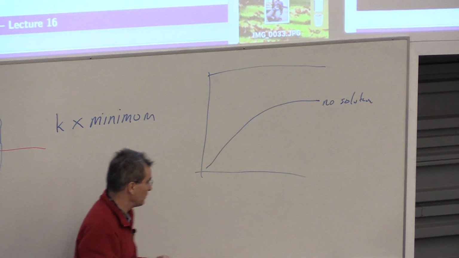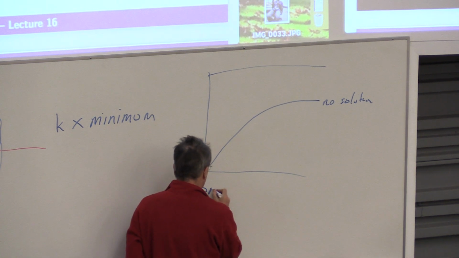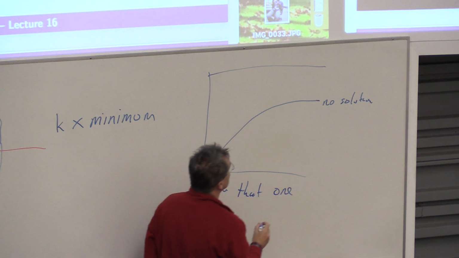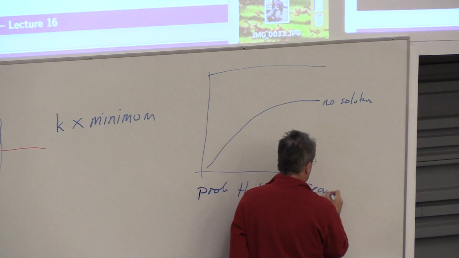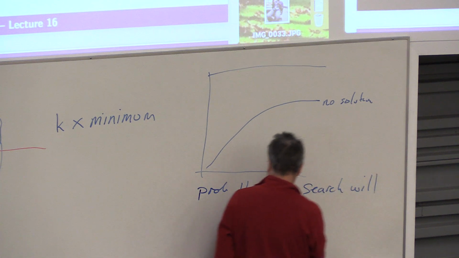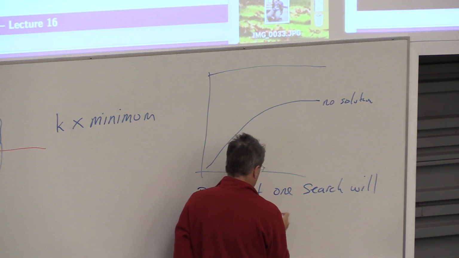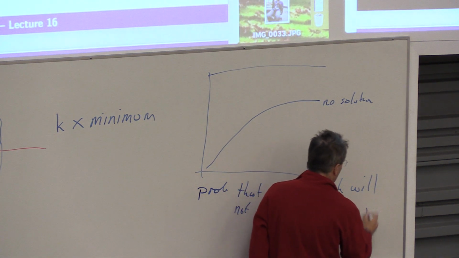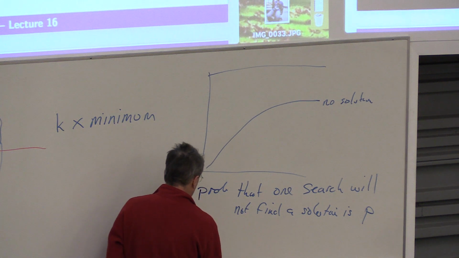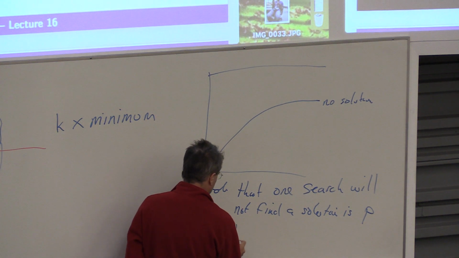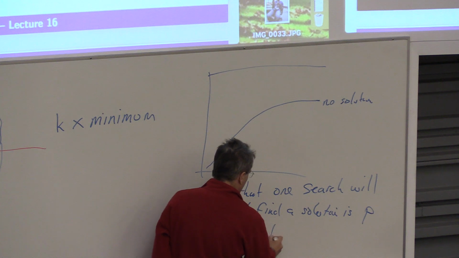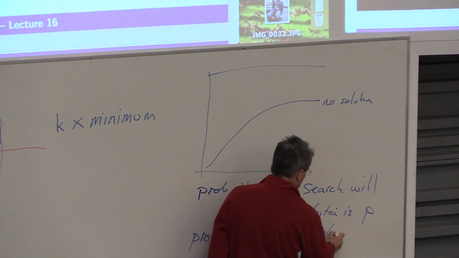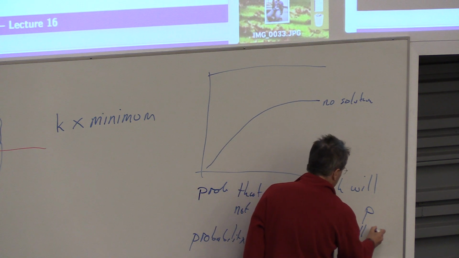So if the probability that one search will not find a solution is P, what is the probability that K searches will not find a solution?